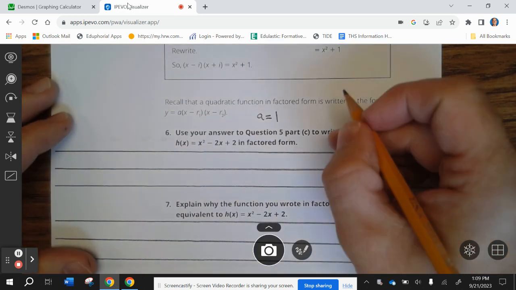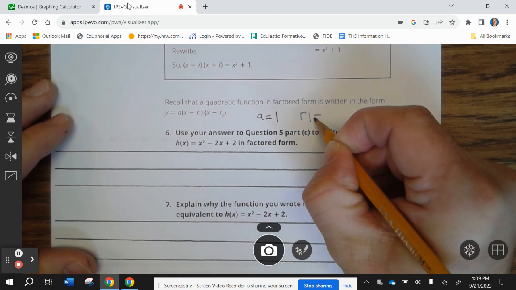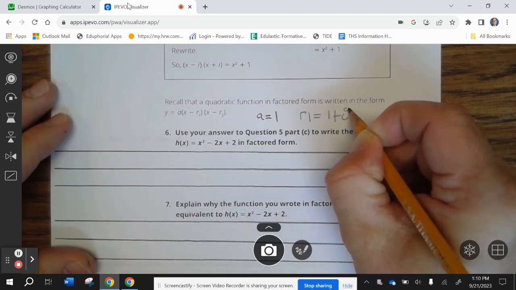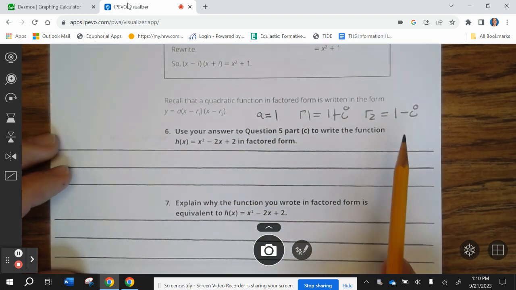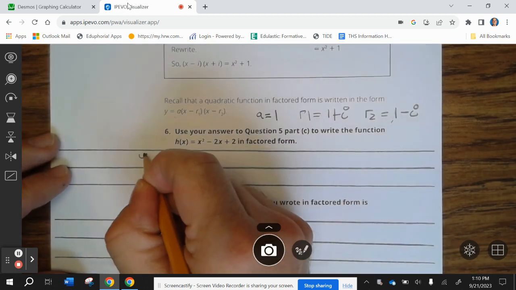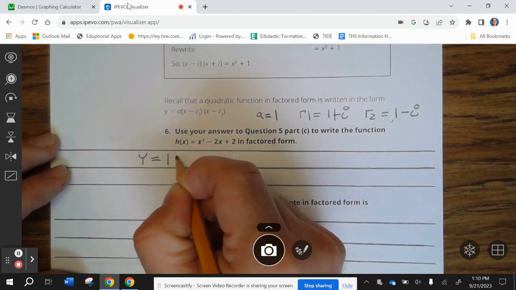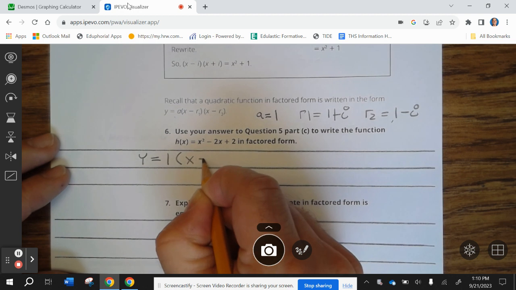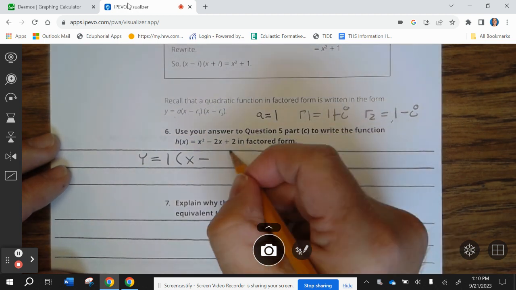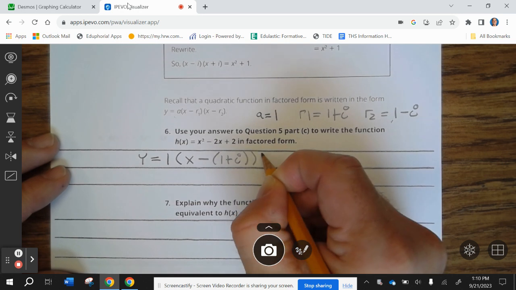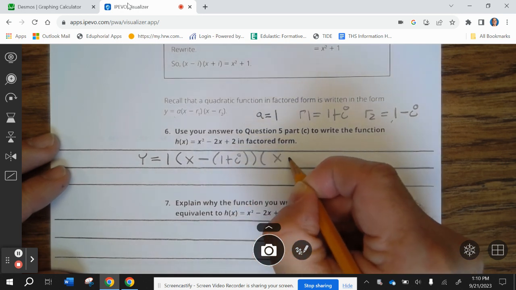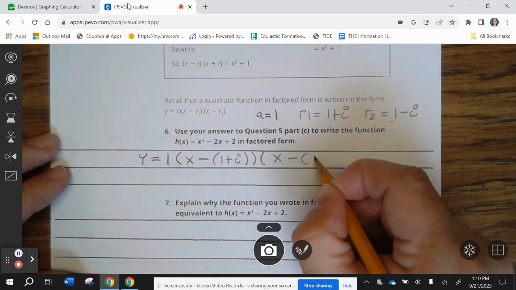So r1 equals 1 plus i, and r2 equals 1 minus i. So we're going to plug these into this formula. So y equals 1(x minus (1 plus i))(x minus (1 minus i)).